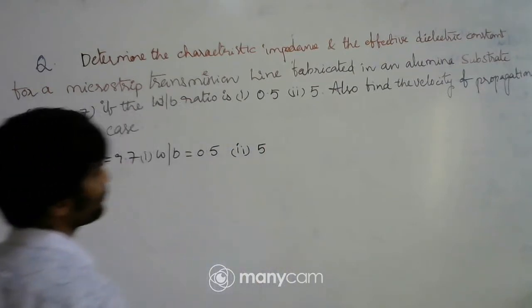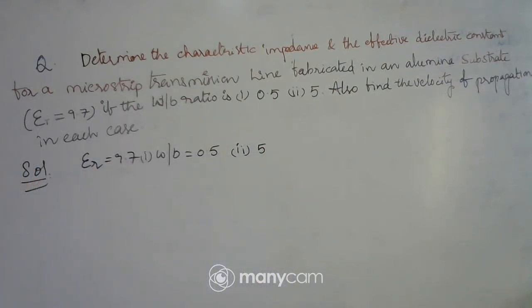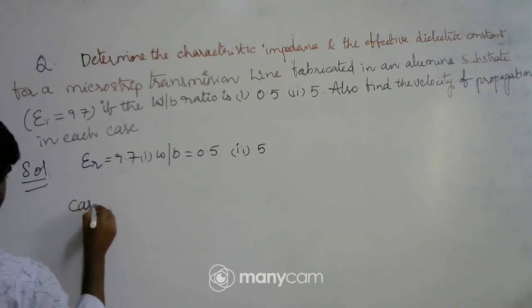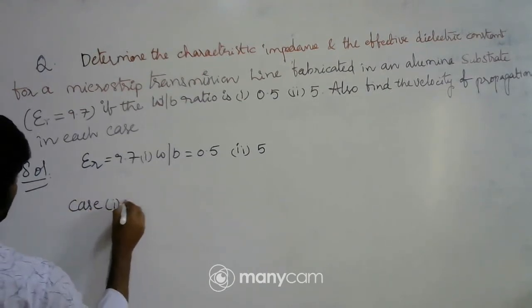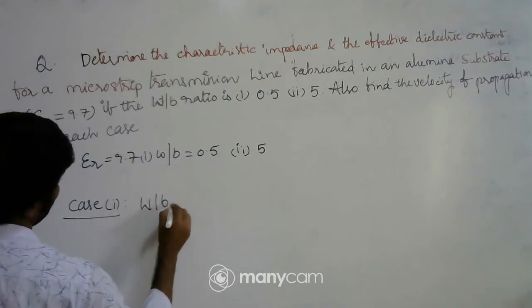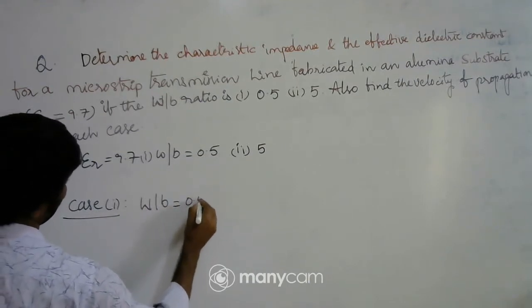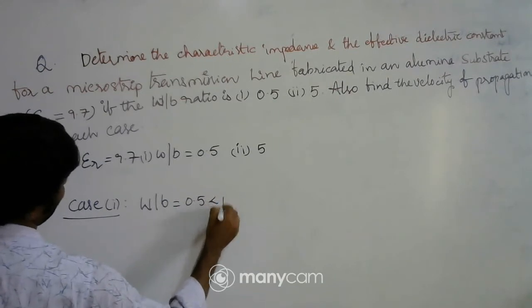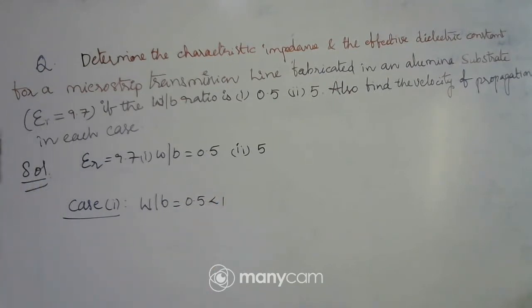Okay, coming to case 1, you need to find out case wise. Case 1, W by B is equal to 0.5, which is less than 1.